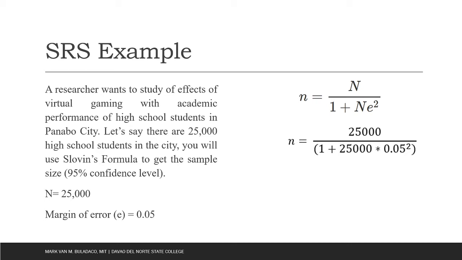So 25,000 divided by 1 plus 25,000 times the square of 0.05, and our result is 393.7. We need to round it off to the nearest whole number, so our sample size is 394. Okay, so that is your sample size.